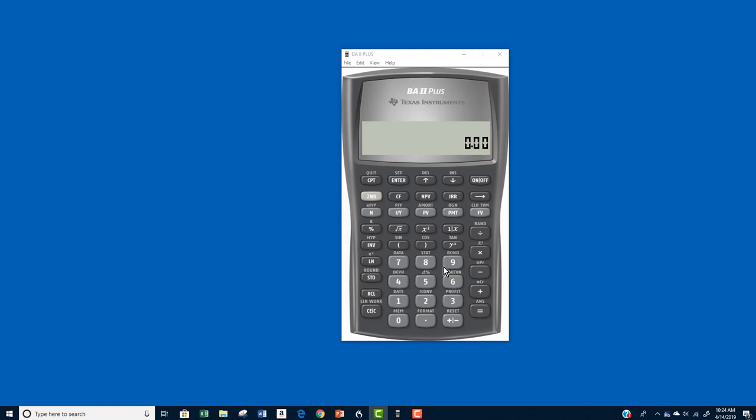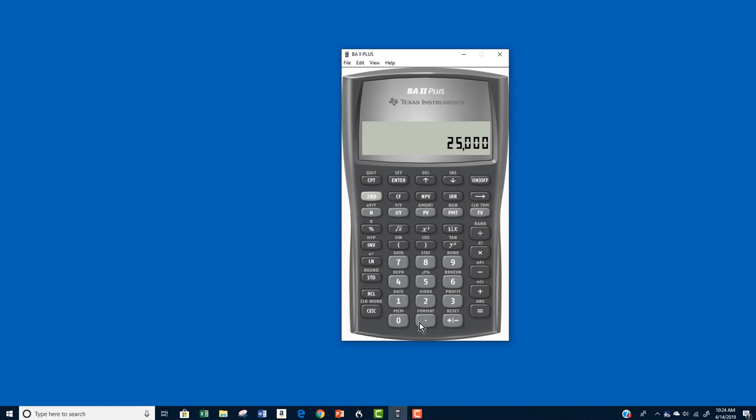If you decide you want to add numbers, you'll enter the amount followed by the function, followed by the equal sign. So for example, let's add 50,000 plus 25,000 plus 125,000. Your first step is to put in the 50,000, hit the addition function key, followed by 25,000.